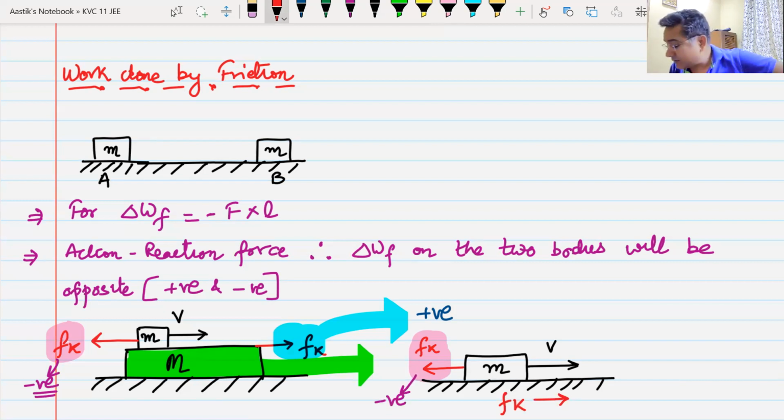Now, what is the work done by friction on ground? Is the ground moving because of frictional force? Let us move the ground.